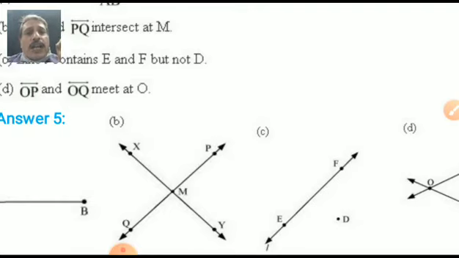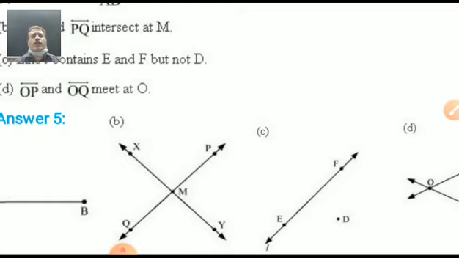Whenever you are showing a line with a single letter, it should be a small letter. Here it is shown with L, can you see this in figure C? Yes, L. Good. Now what about D?